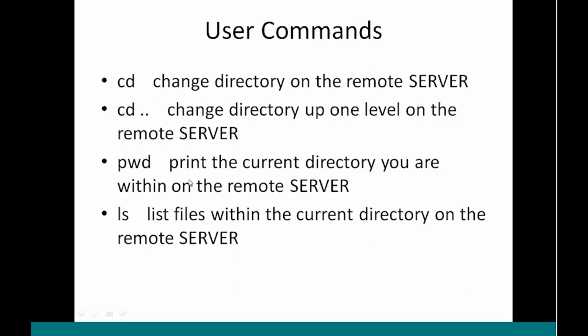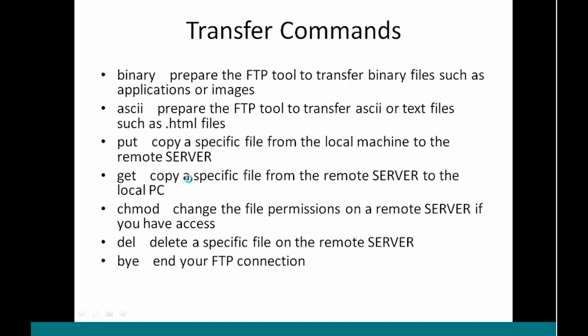So the way that we do it is using the following commands. The transfer commands are shown here. We typically start with specifying one of these two options, either binary or ASCII. This tells the FTP tool to assume that the file that we are going to transfer is in binary format.